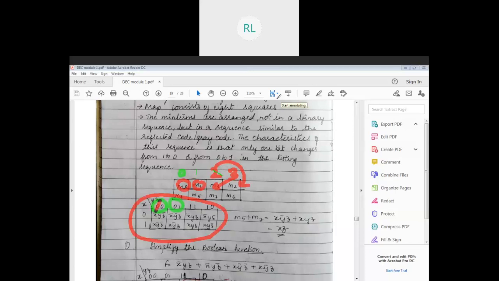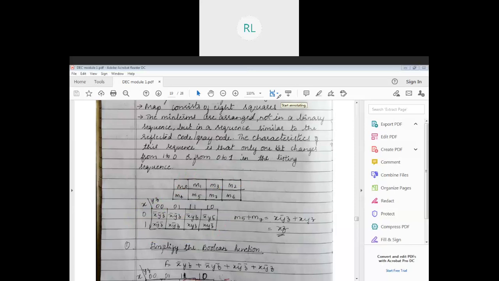Yes, one bit. Good. How is it one bit? Because 0 is already here, and we have another 0 here, which means both the bits are the same. There is only one bit change happening, from 0 to 1.